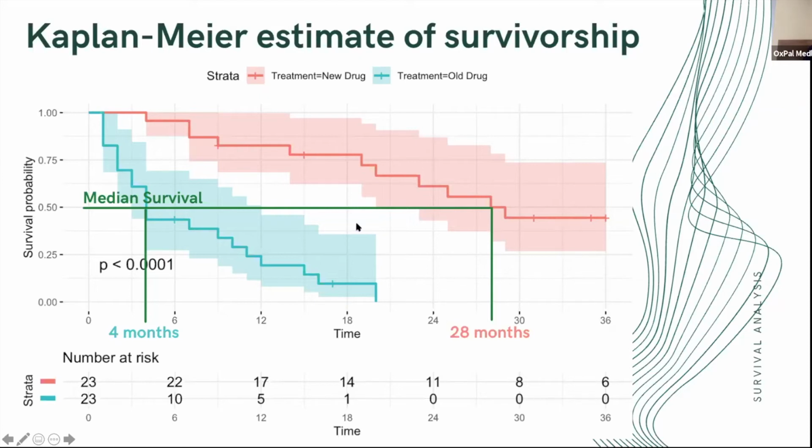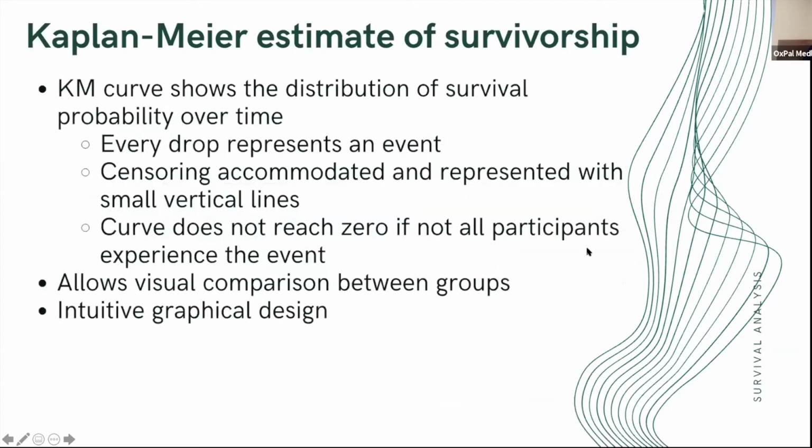Okay, so these are some of the features of the Kaplan Meier curve. And I think I summarized here. Yes. The Kaplan Meier curve shows the distribution of survival probability over time. Again, every drop represents an event, in this case, death. Censoring is accommodated.